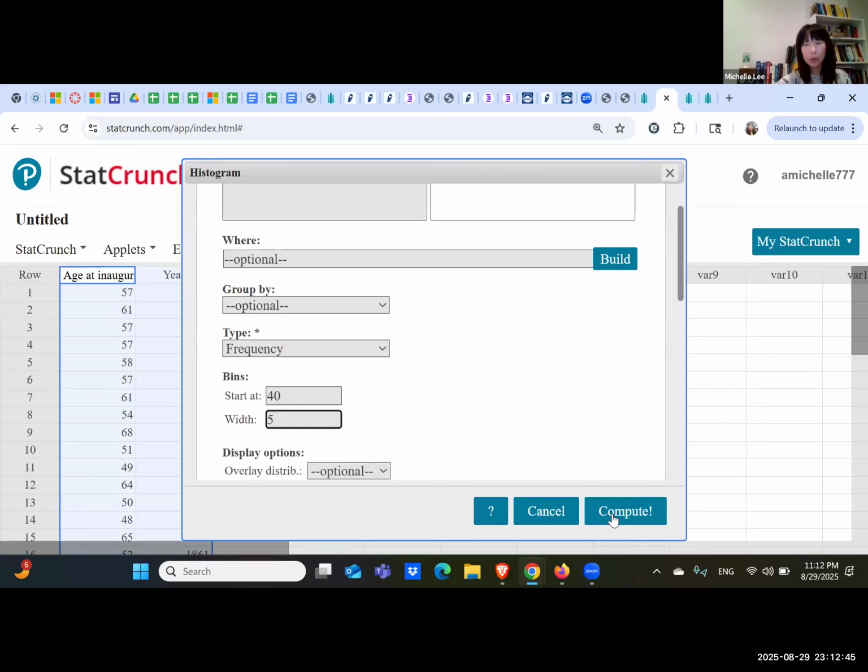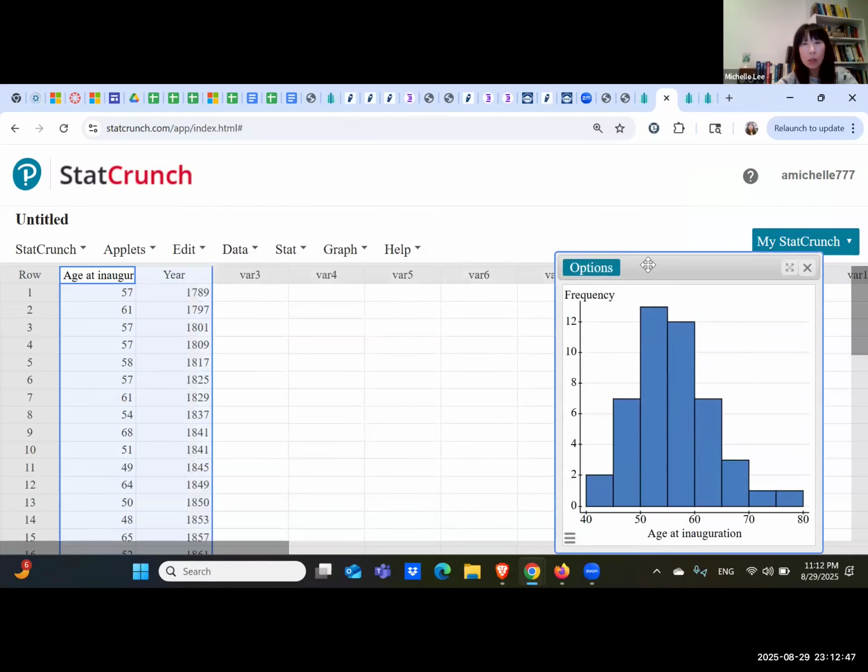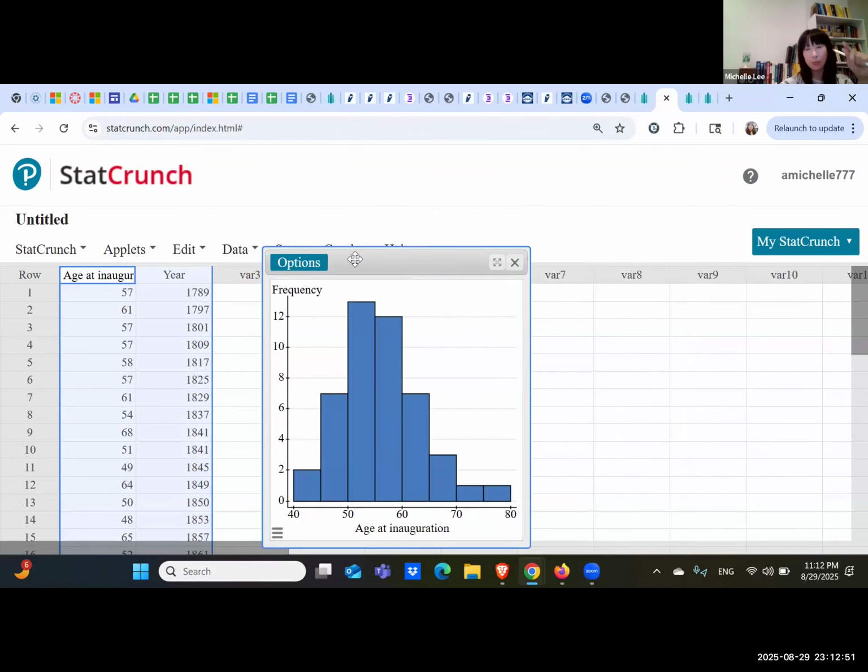Okay, now we can compute. It's better we take the number above the bar, right? That is easier.